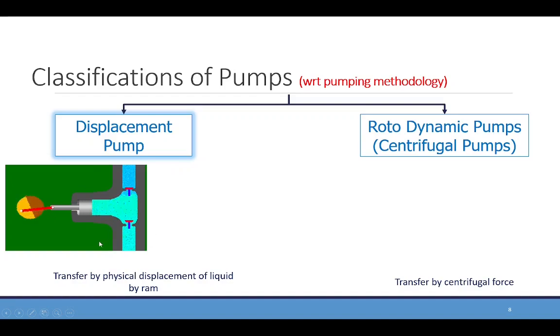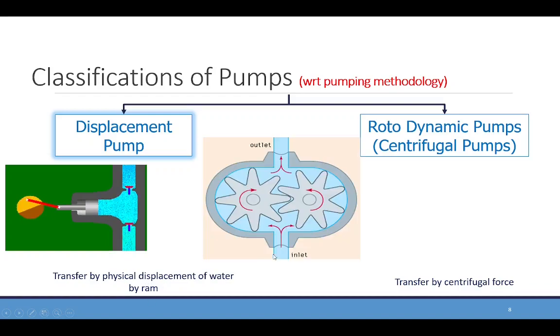So the pumping mechanism here is based on the physical displacement by the action of the ram. Another example here is the gear wheel pump. As you see here, we have two gears, and the water is trapped between the teeth of these two gears. If the gear is rotated, the entrapped liquid will be forced to displace physically to the other direction.